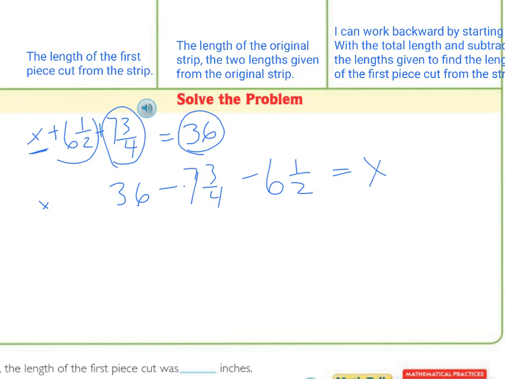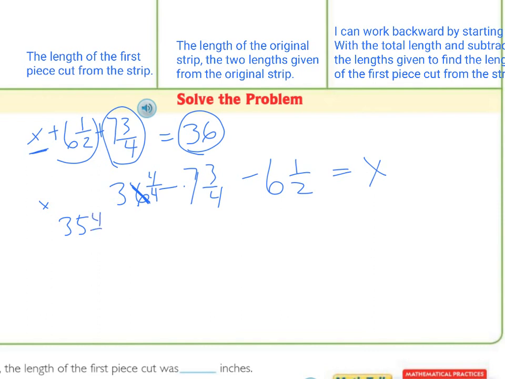So let's do this. We have 36 minus 7 3/4. Well, I can't take 3/4 from 36, so what I'm going to end up doing is making this be 35. And then I can take that whole number and make it be whatever I want. So I'm going to make the whole number be 4/4.